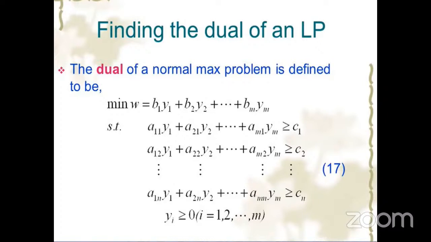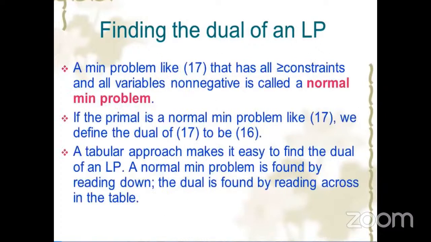Converting the primal problem into the dual means we are converting it totally to the opposite side. So we convert the primal into a dual and solve it. A minimization problem like 17, which we discussed, that has all greater-than constraints and all variables non-negative is called a normal minimum problem. If the primal is a normal minimum problem like 17, we define the dual of 17 to be 16.